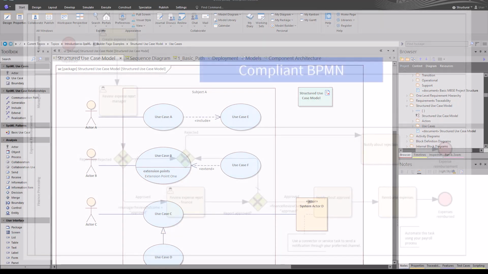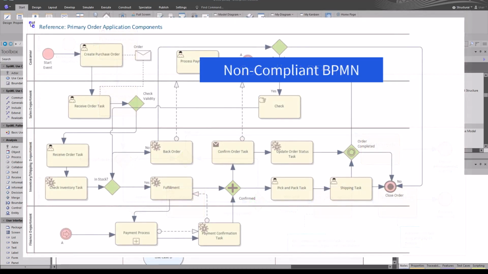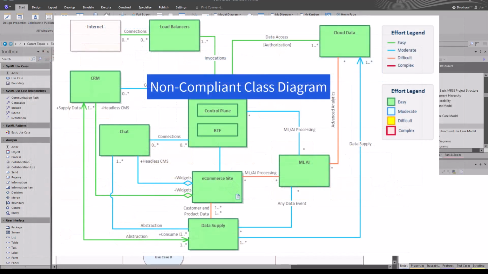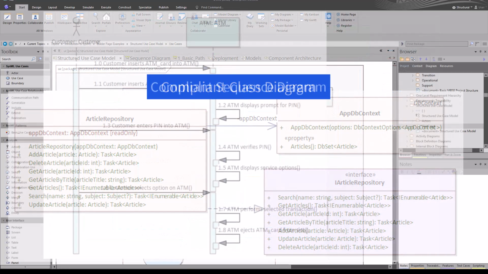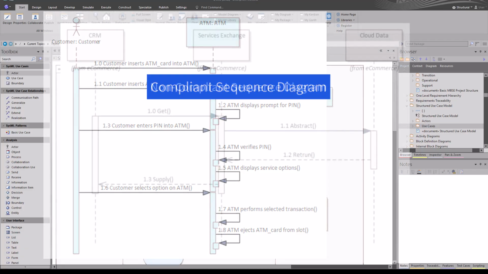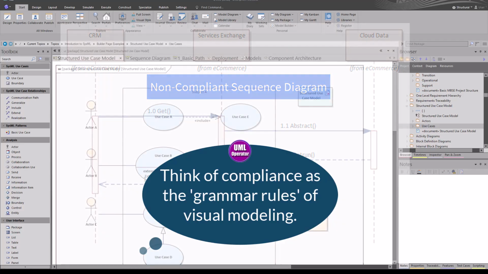UML compliance means following the standard syntax, semantics, and structure defined by the UML specification. For example, using the right notation for class diagrams or properly modeling system interactions with sequence diagrams. If you're a beginner in UML, think of compliance as the grammar rules of visual modeling.